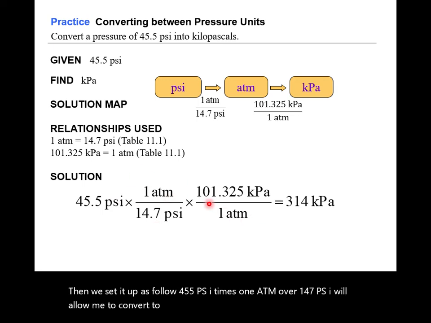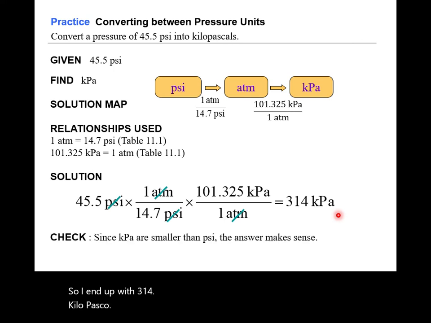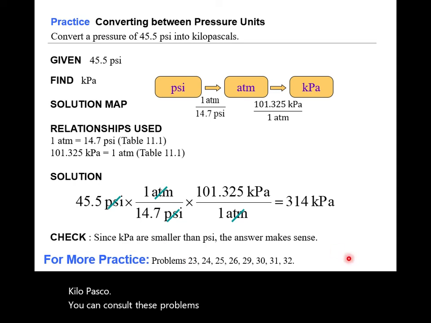Then 1 atm equals 101.325 kilopascal, so I end up with 314 kilopascal. You can consult these problems for more practice in your textbook.